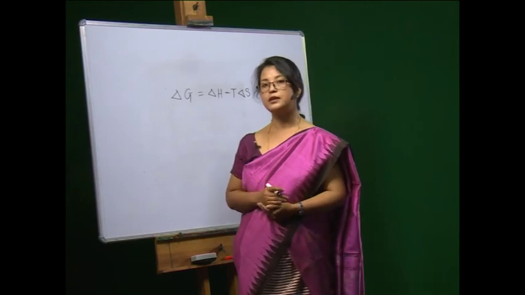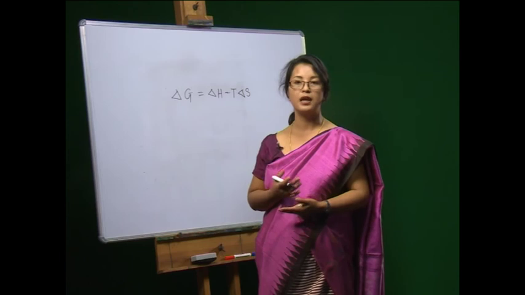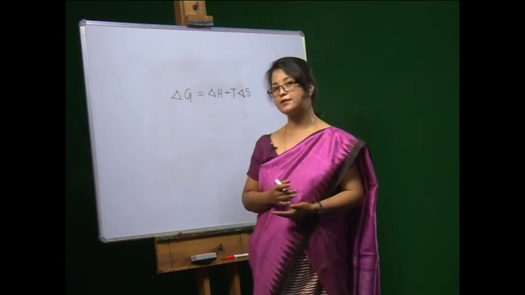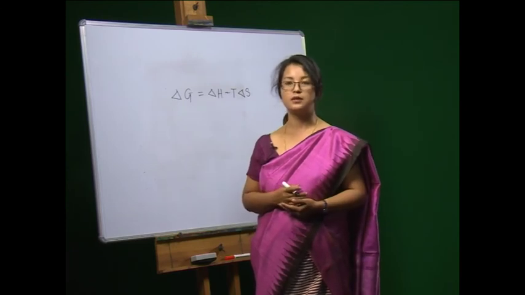By convention, delta H has a positive sign when heat is absorbed by the system, and delta H has a negative sign when heat is released by the system to its surroundings.